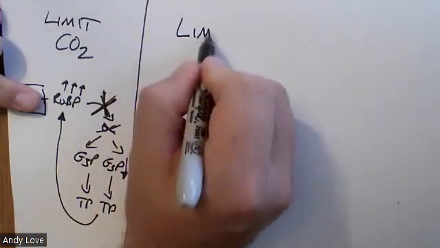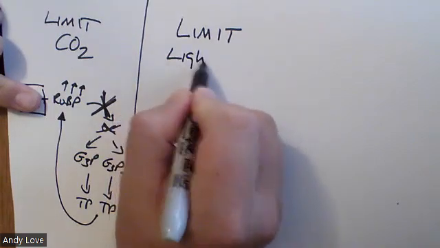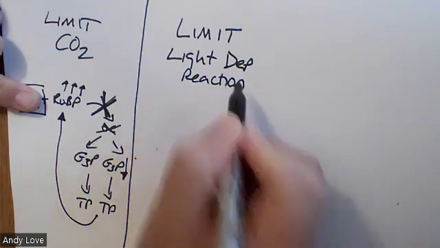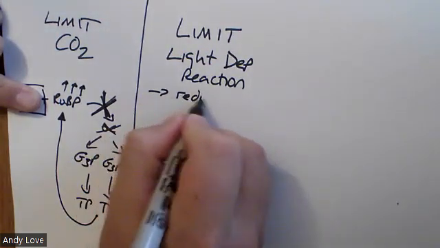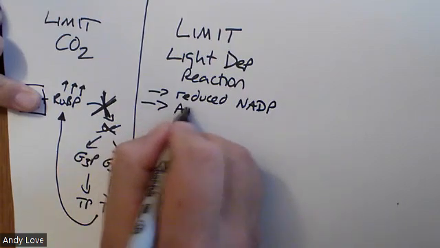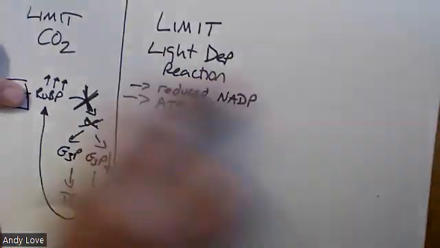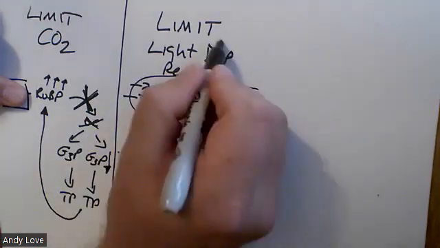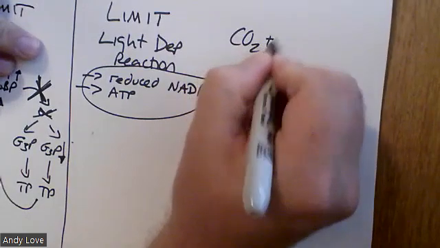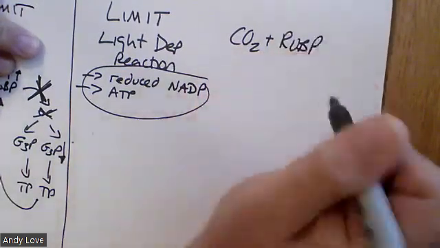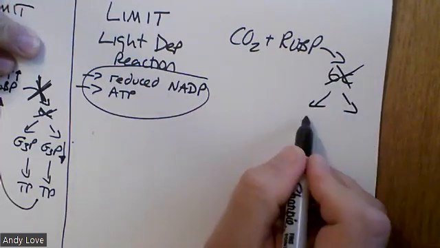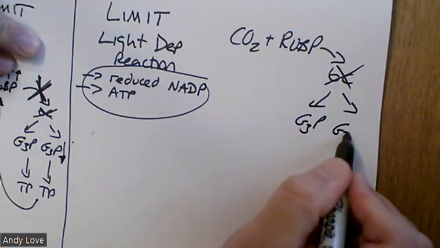Now, if we limit the light-dependent reaction, that means we're limiting reduced NADP and we're limiting ATP. That's what we're limiting because we're limiting light. So what's happening? Well, CO2 joins on with RUBP to make the 6 carbon unstable, which splits to 2 lots of G3P.